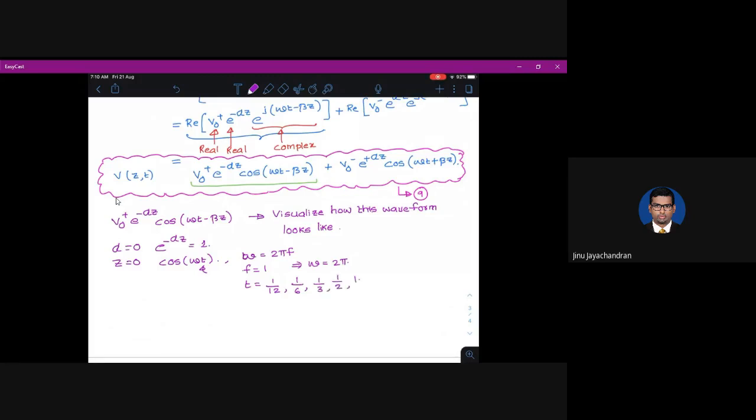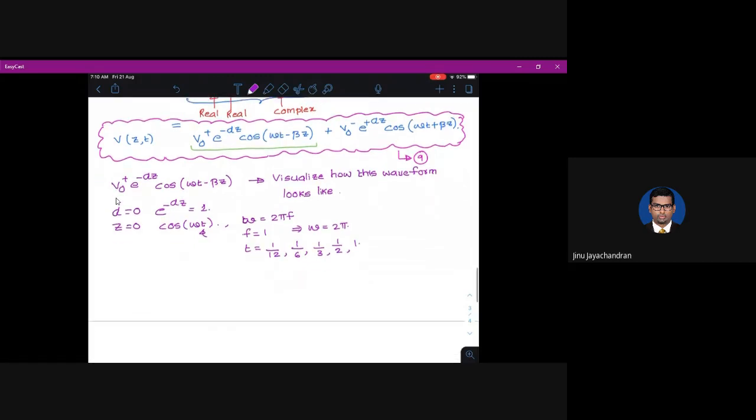This is only for visualization purpose so that we'll see how the waveform looks like. Fine. So your omega t is equal to 2 pi t because f is equal to 1.